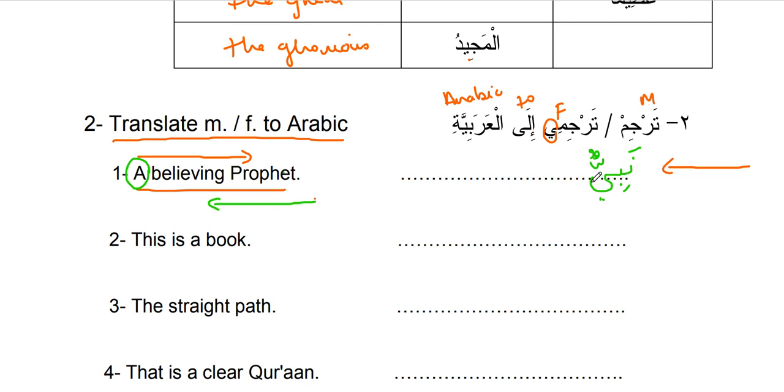And keep in mind all the 4 points for sifa. So is it a singular male now? Yes. And is it nakira? Yes. Is it one single noun? Yes. And is it definite or indefinite? It is indefinite, so yes. Mu'minun.